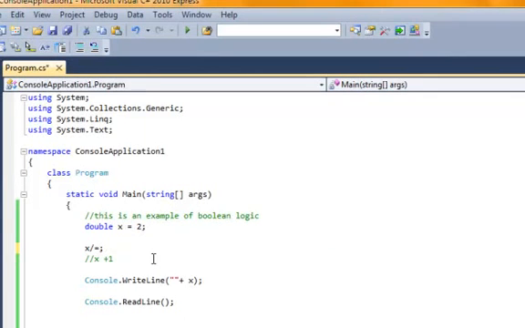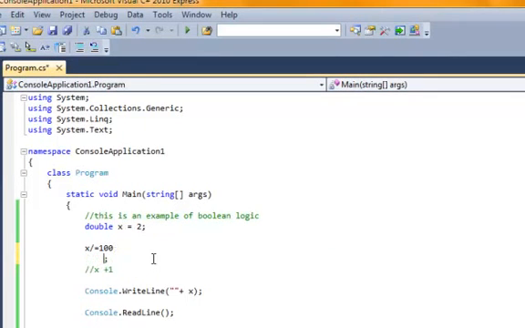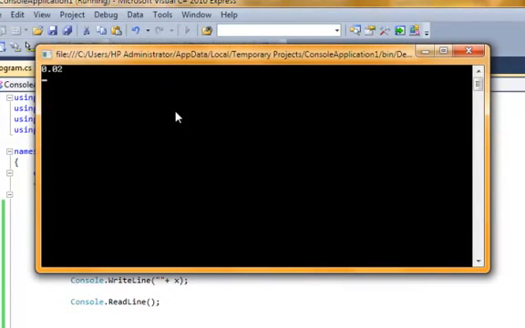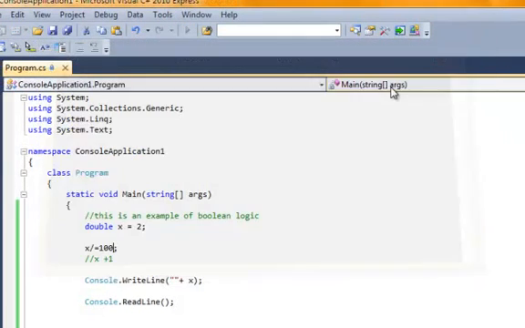But if I put in something like 100, and remember to keep my syntax correct, we would get something like 0.02. And it's the same thing. It's just x divided by whatever is behind the equals sign, which in this case is 100.